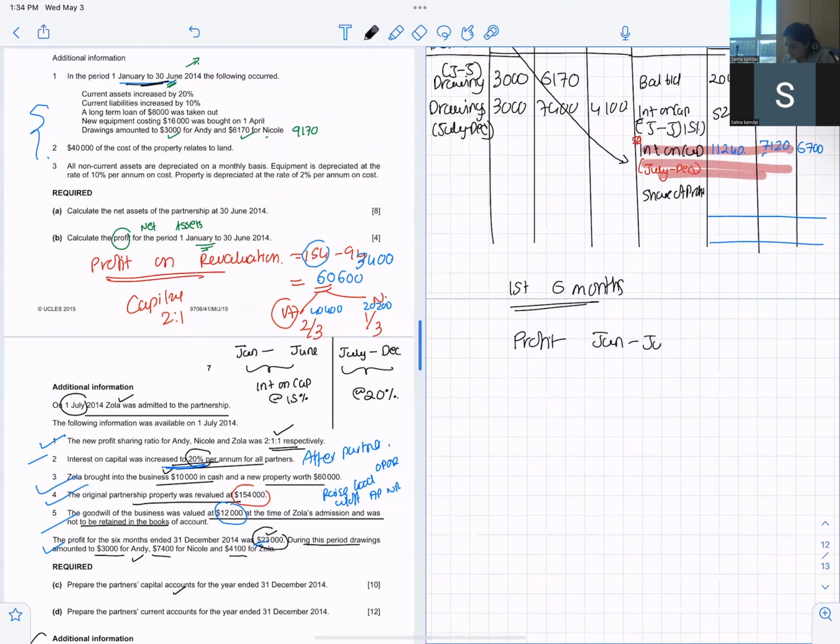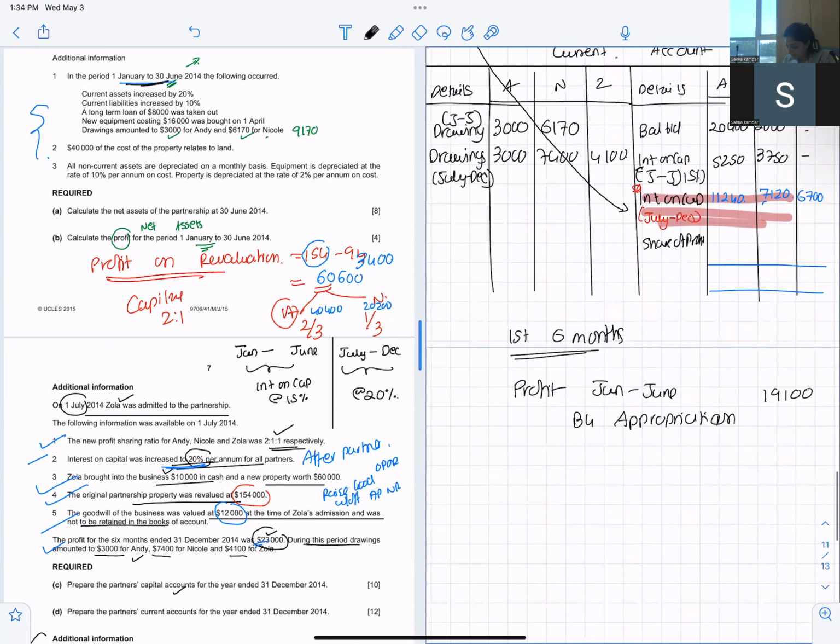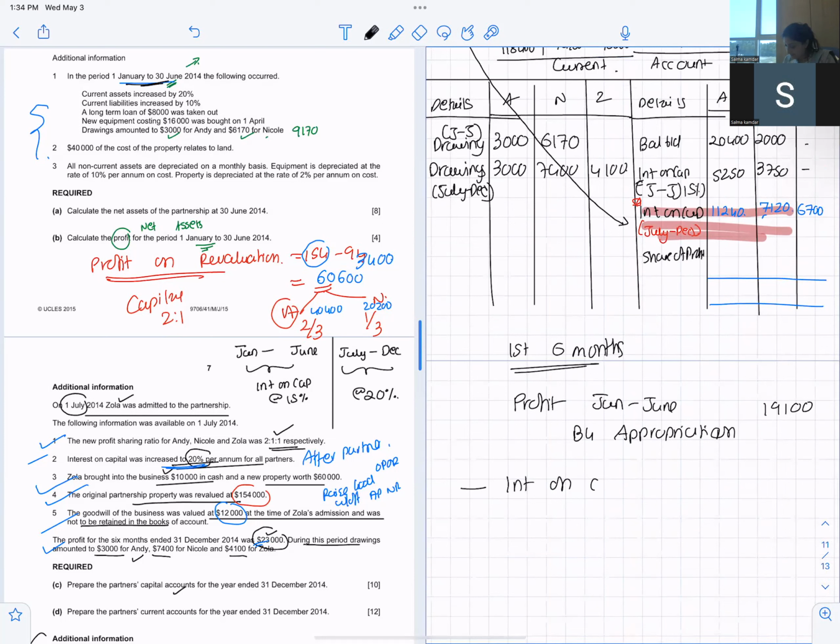This was your profit before appropriation, 19,100. From that, you will minus your interest on capital. That is how much? 5250 and 3750. So 19,100 minus 5250 minus 3750.